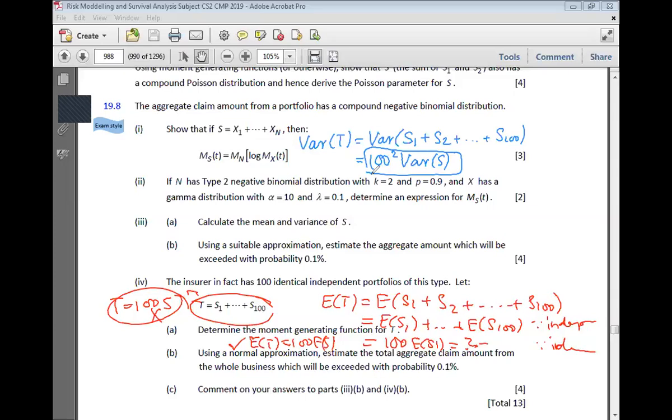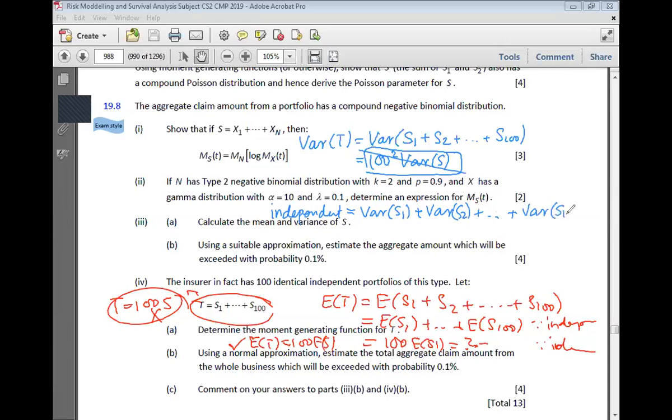Exactly right. Instead of jumping to the conclusion, let us go step by step. So we have variance of S1 plus S2 till S100. Now we will use the fact that these are independent, so we write variance of S1 plus variance of S2. There will be no covariance term because these are independent.